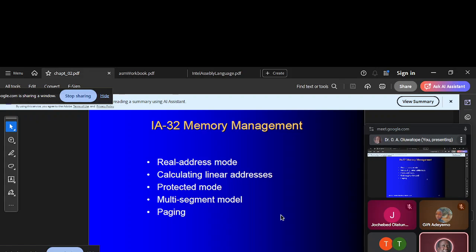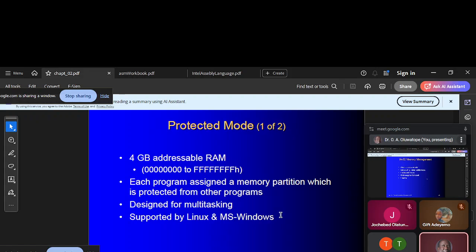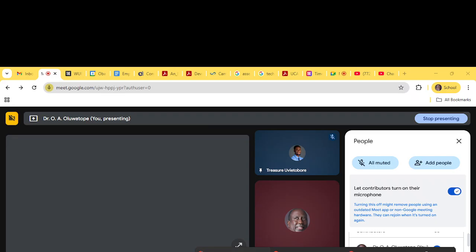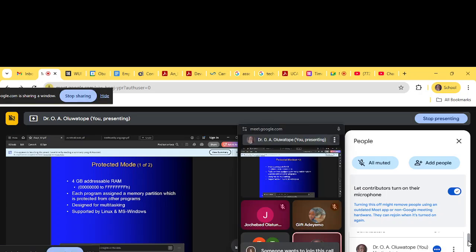We're going to look at multi segment mode, and then paging. So let's start with the protected mode, which I mentioned earlier on to you.